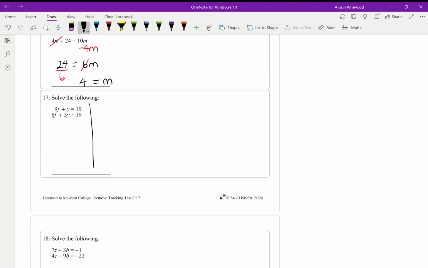Simultaneous equations. I'm going to balance the y's by multiplying the top equation by 3. So I'll get 27f add 3y equals 57. The bottom equation I'm just leaving as it is.